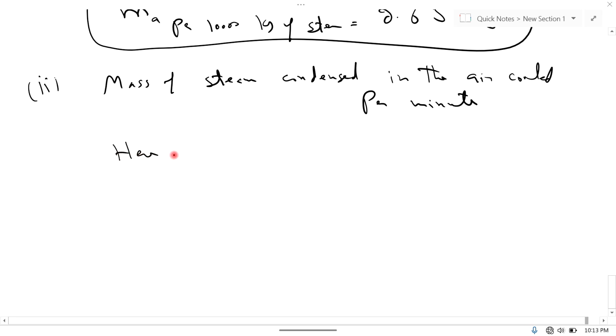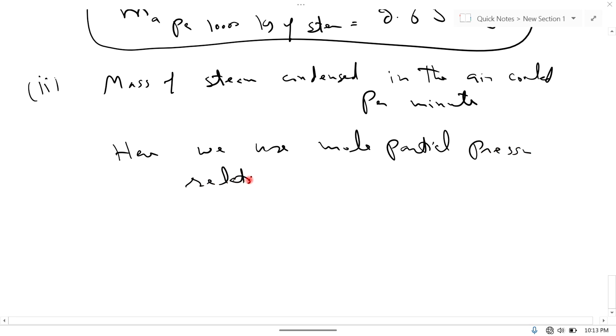Here we use the mole partial pressure relation to find the mass flow rate of vapor at 34.6 degrees centigrade and the mass flow rate of vapor at 29 degrees centigrade, because we can find the condensed steam from the difference of mass flow rate.